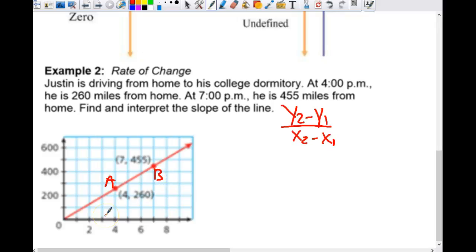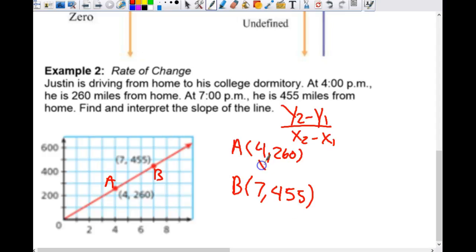Point A is at 260. B is at 455. All right, third step, label them: x1, y1, x2, y2.